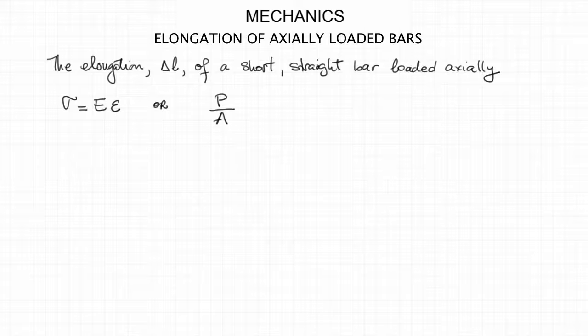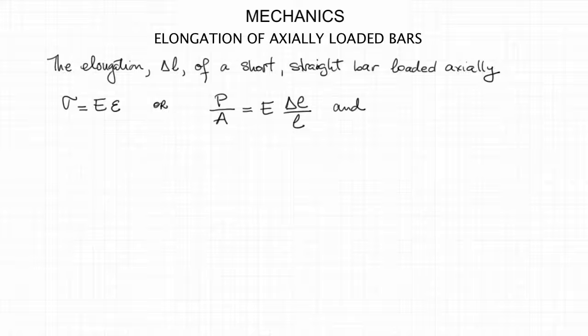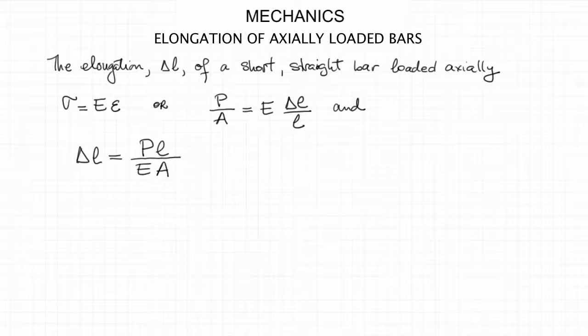Now we can express the stress as the force divided by the cross-sectional area and the strain as the elongation divided by the original length. And from here we can calculate the elongation delta L as equal to PL over EA.